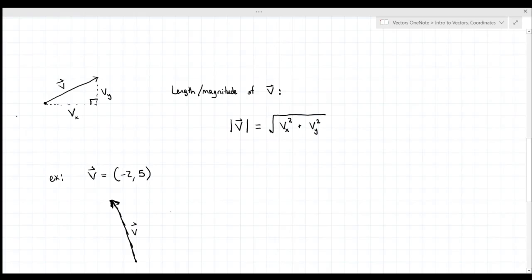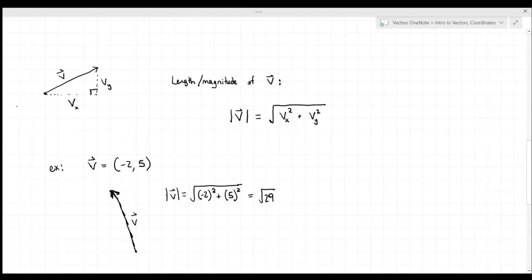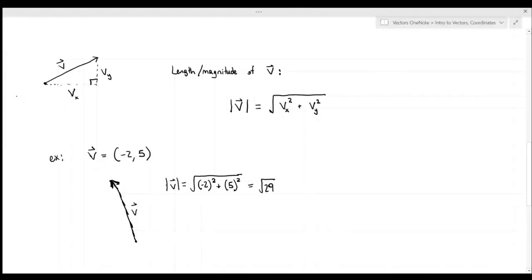And if I wanted to find its length or its magnitude, it would just be the square root of its x component, -2 squared, plus the y component, which is 5 squared. So that's going to be 4 plus 25. So the length of this vector v would be the square root of 29. All right. So if we have the x and y components of a vector, we are able to compute its length or its magnitude.